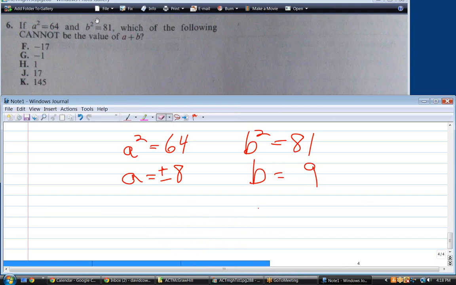About B. That's plus or minus 9, not just 9. Remember that whenever you're solving an equation by taking the square root of both sides, which is how we did this, you should always start off with plus or minus.